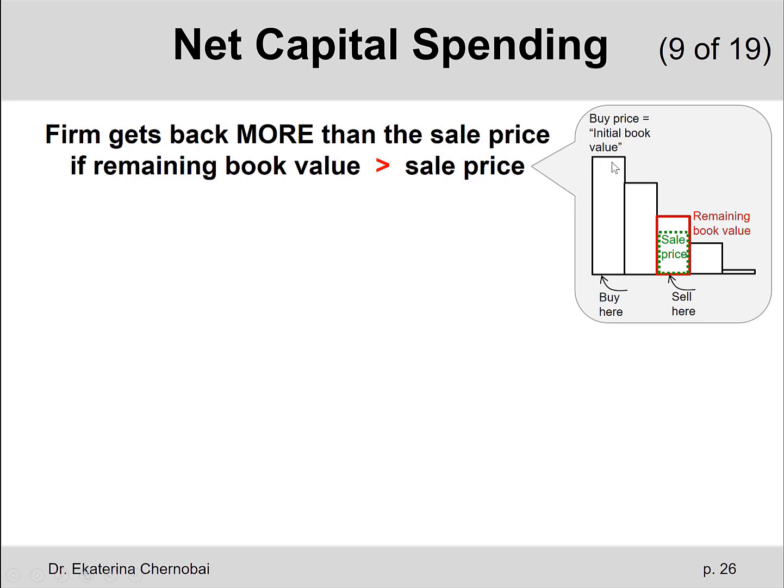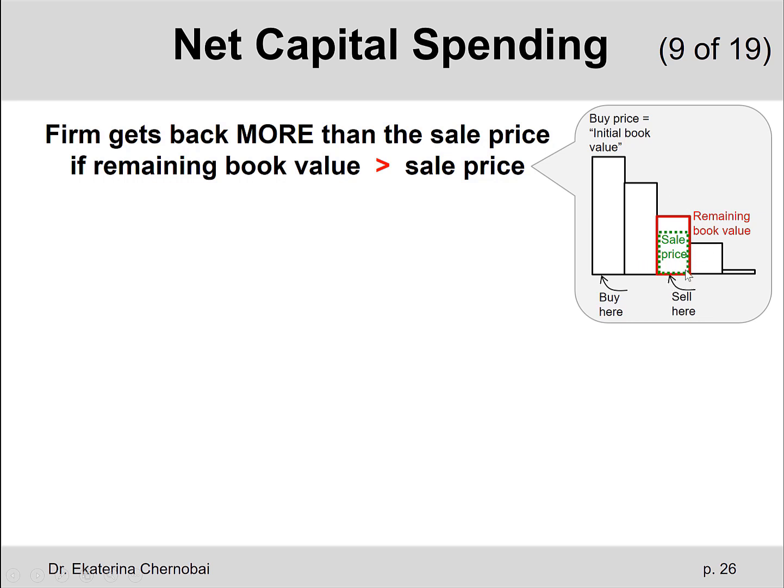So you can imagine the initial book value being our starting point, and then us walking downstairs, and each step that we make is the lost value or the depreciation amount.